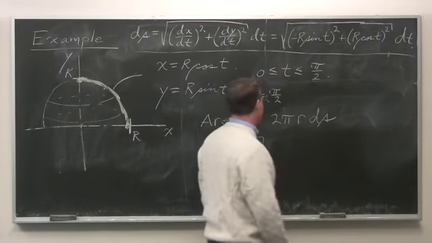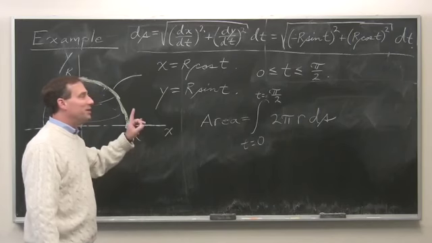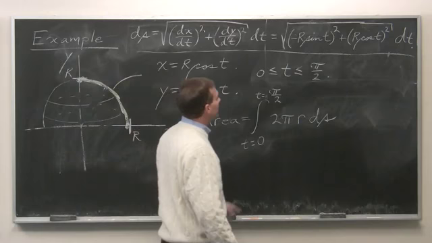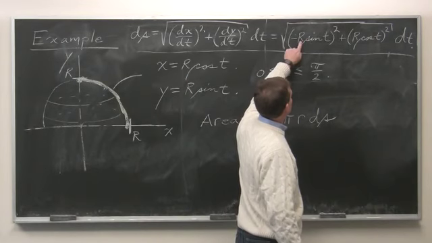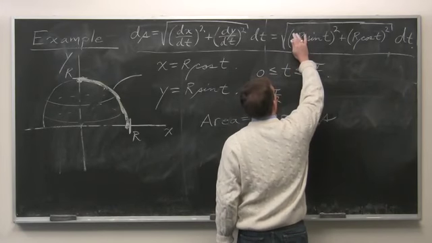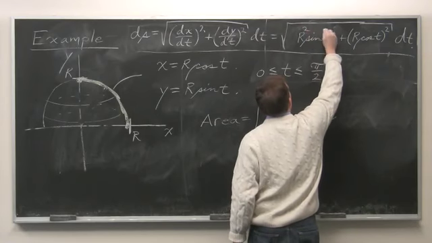You might think, well, that's not very nice. It doesn't look like we're going to be able to integrate this easily. Well, it is very nice, and you may have already seen what's going to happen. If you square this, it wipes out the minus sign, and you get r squared sine squared.